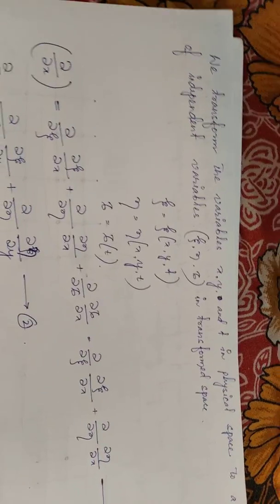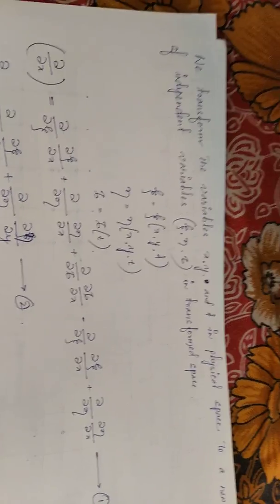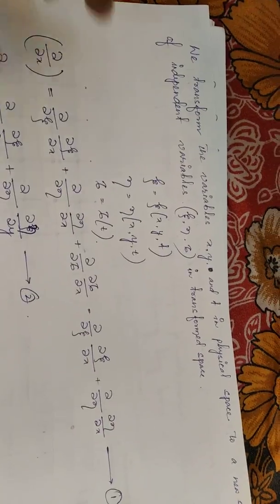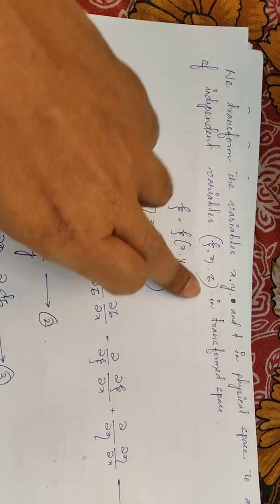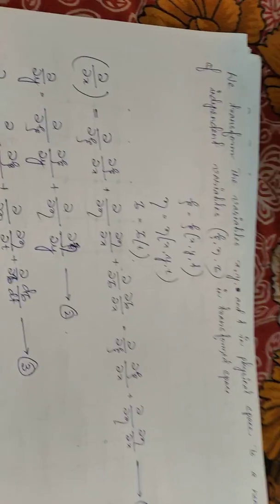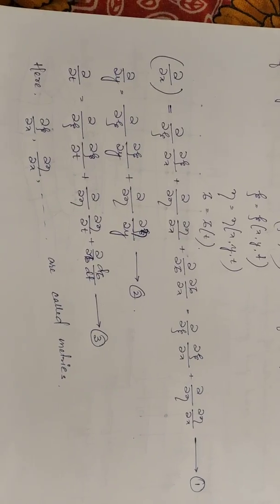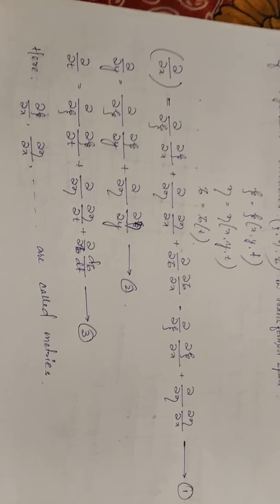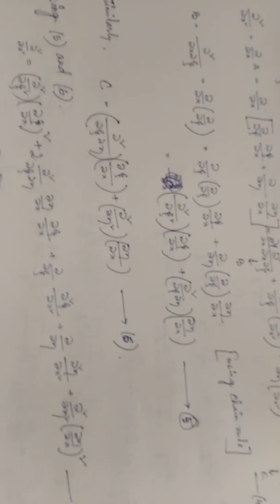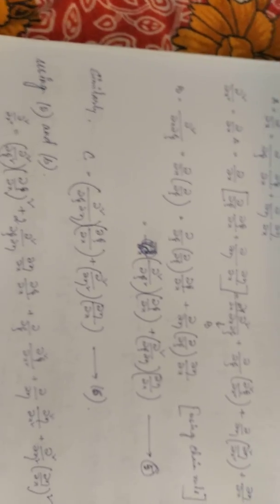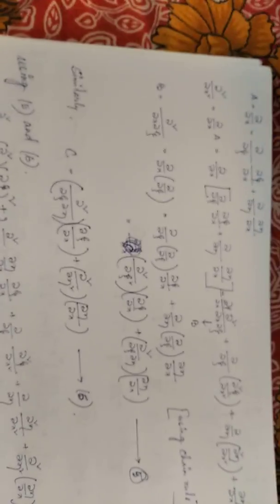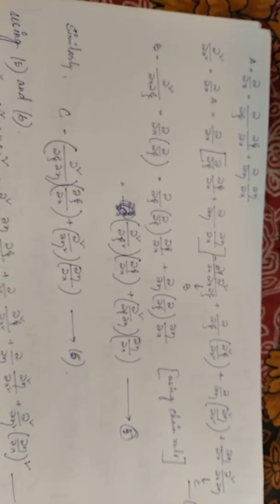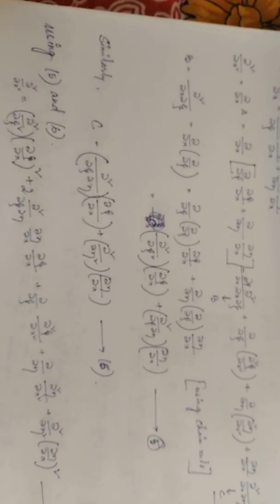So we transform the variables x, y and t. We have taken the two-dimensional case to new variables xi and eta in the transformed, or computational, space. Then we use some very simple mathematics: simple partial derivatives and the chain rule.